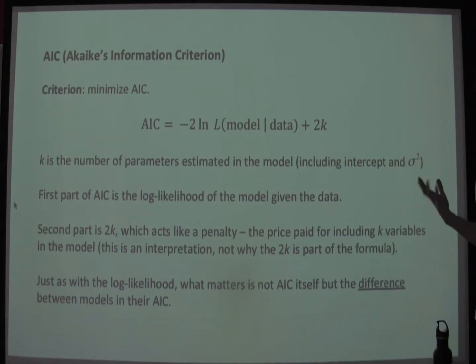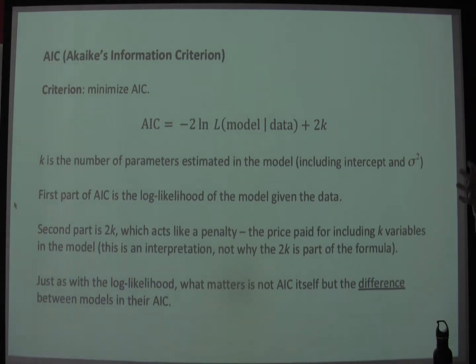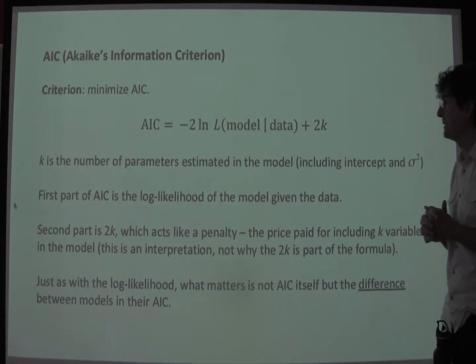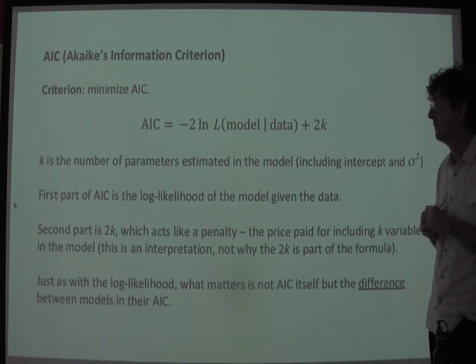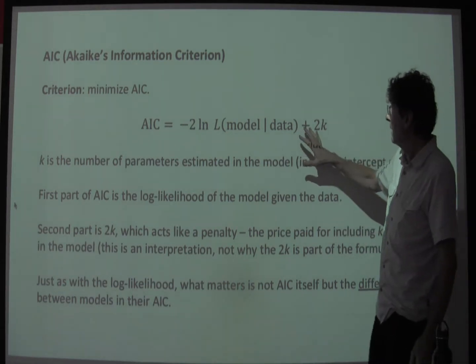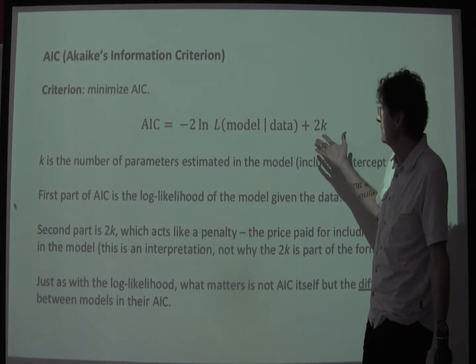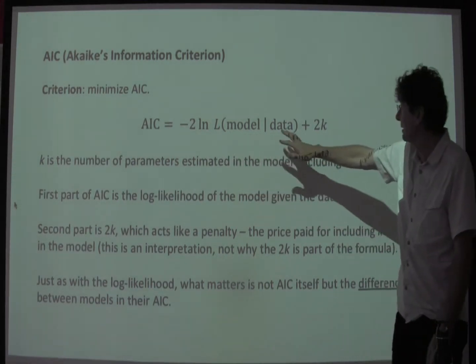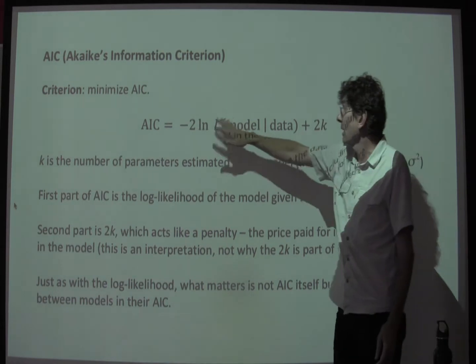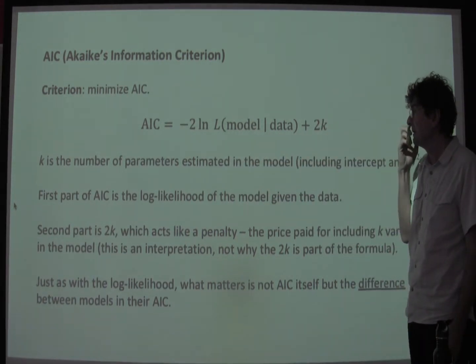Now this formula popped out of a theoretical analysis in which a criterion was searched for that minimizes the loss of information when fitting a model to data. The formula that popped out was this one, and it's very simple. It's minus twice the log likelihood plus 2k. So the log likelihood is this part, and 2k is the other part.